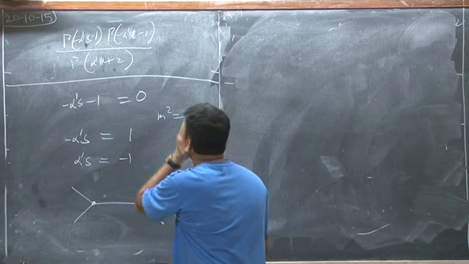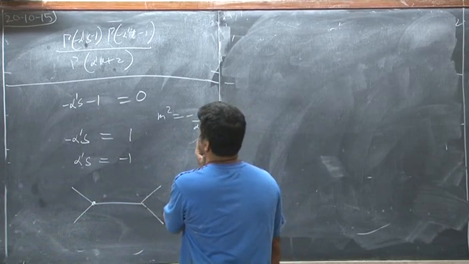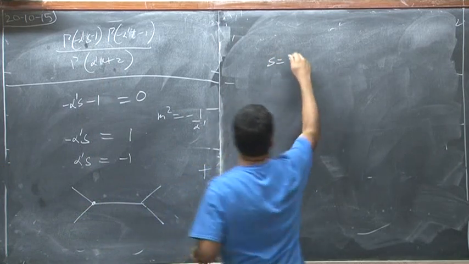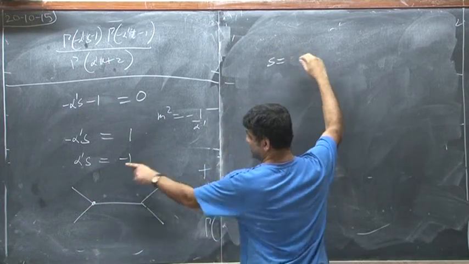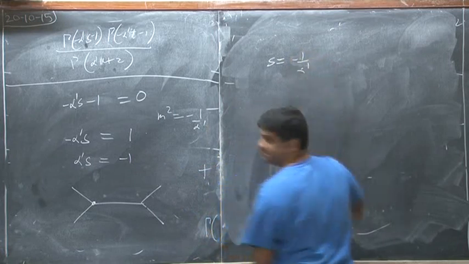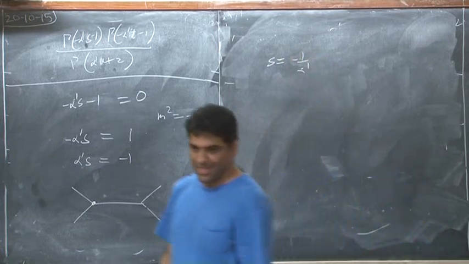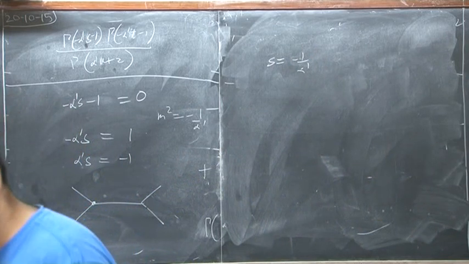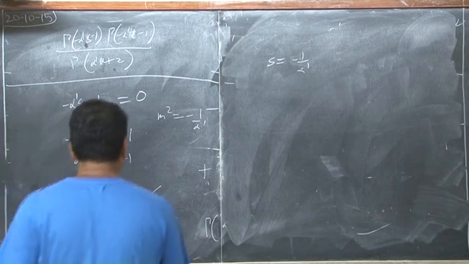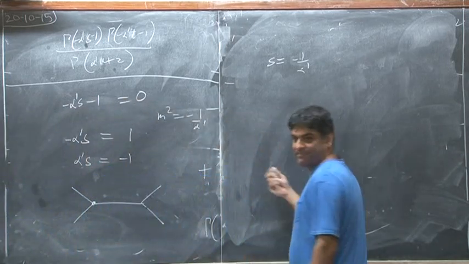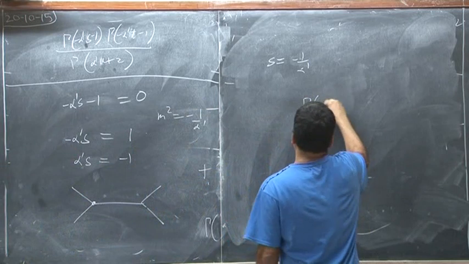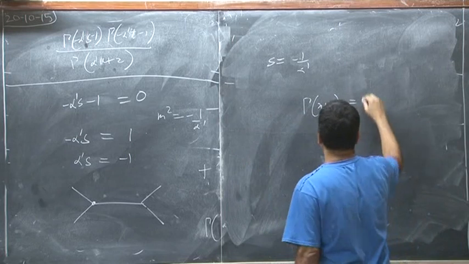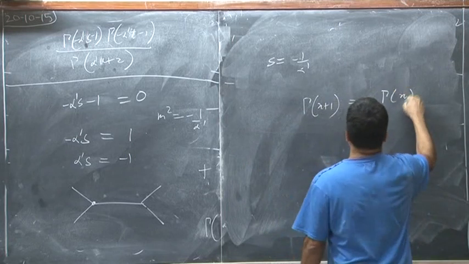So what we have here is, let's suppose that we have S equal to this quantity, minus 1 by alpha prime. Now, how do we estimate gamma of a very small argument, gamma near 0 as a pole? We do that as follows. We know that gamma of x plus 1 is equal to x times gamma of x.